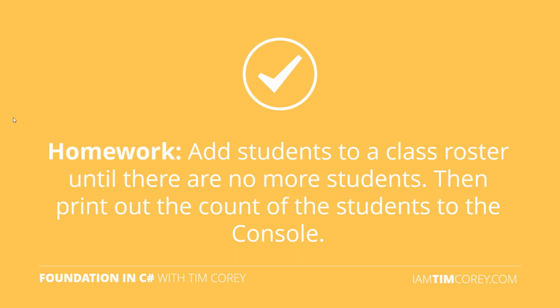And we're going to keep asking them, are there more students? And if there are, keep adding more students to that list until they say, you know what? Nope, there's no more students. Now, we're going to print out a count of the students to the console. There is a way with your list to get the count. If you want to try and figure that out, cool, go for it. You'll see it in a future lesson.